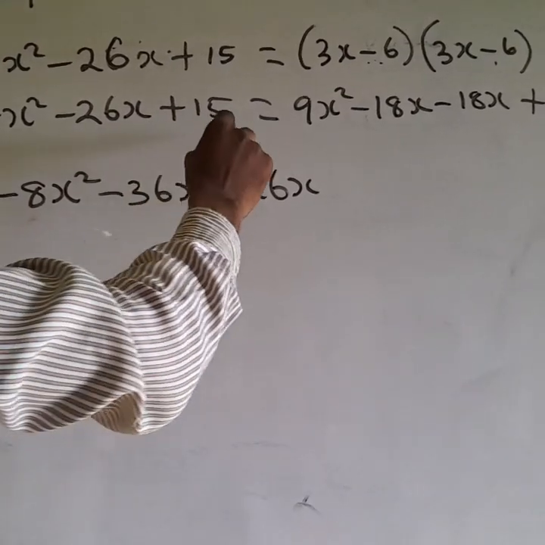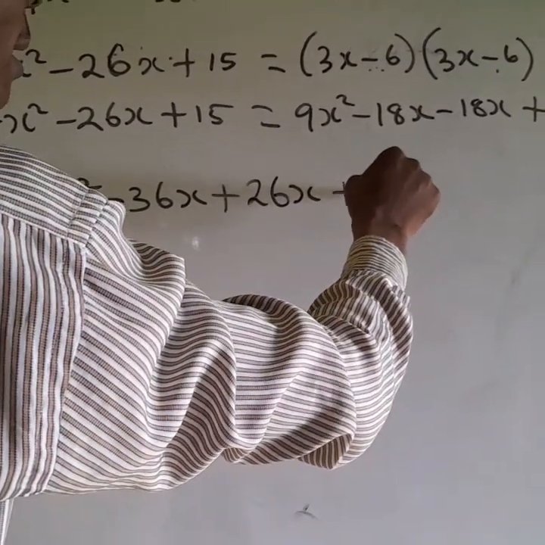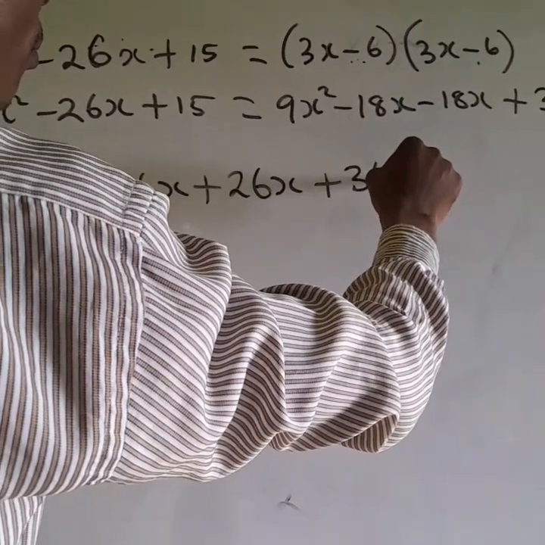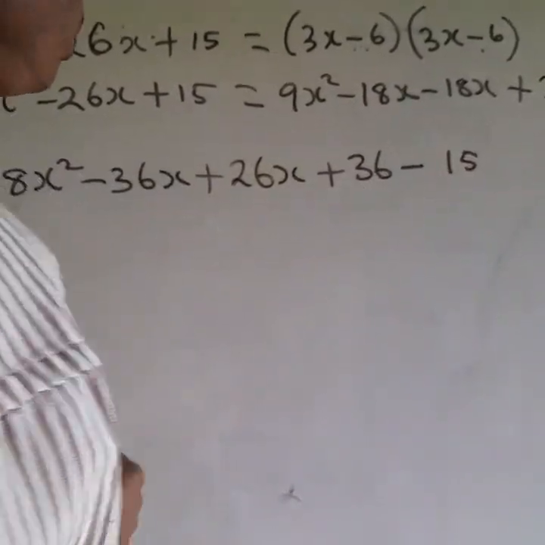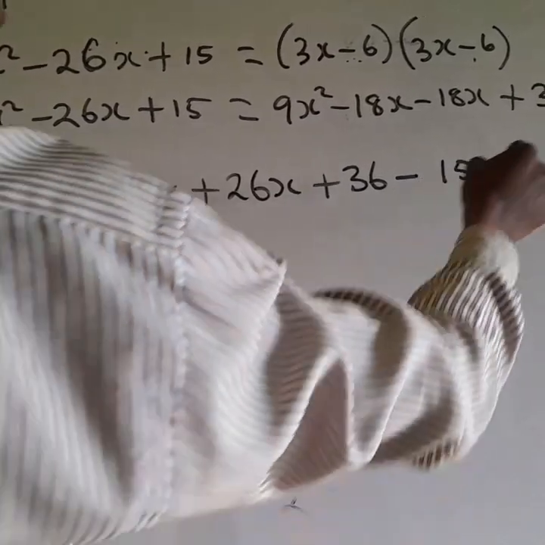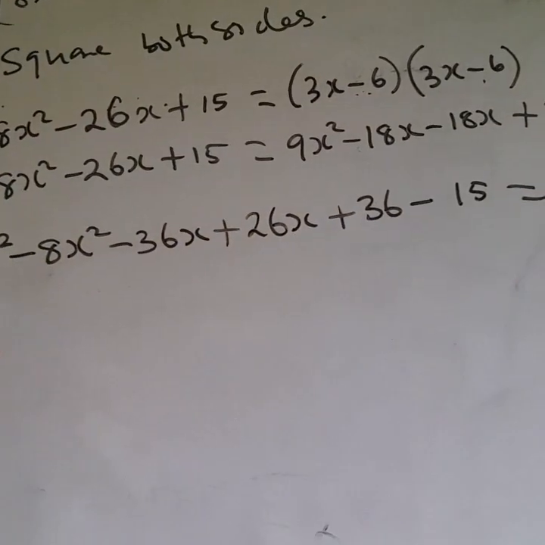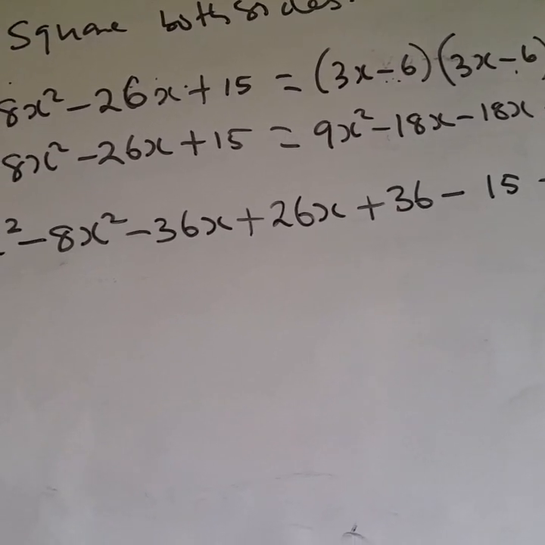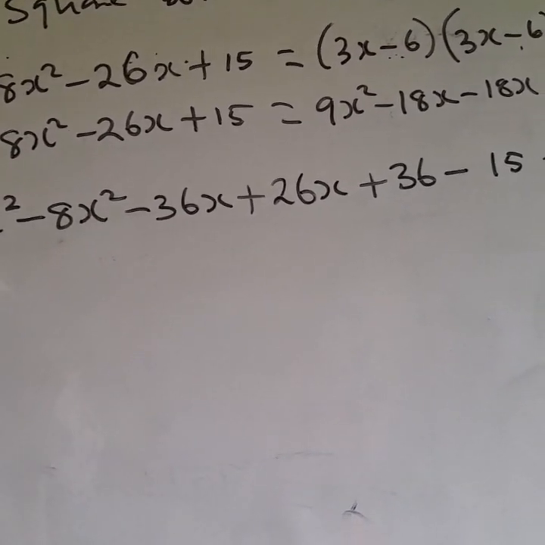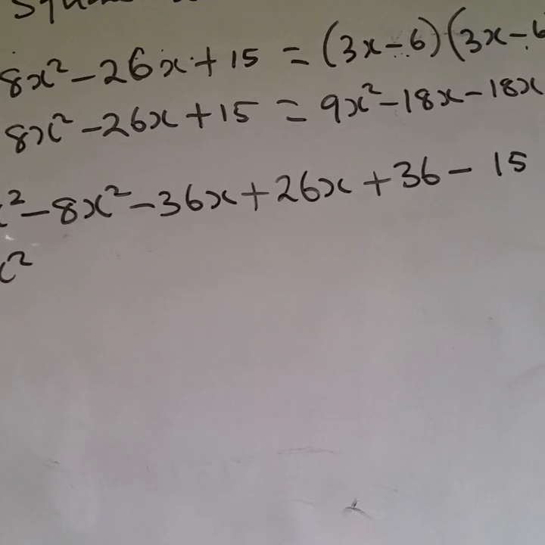So here we have 36 minus 15, equal to 0. 9x squared minus 8x squared will give us x squared.